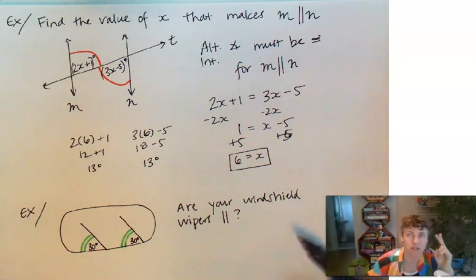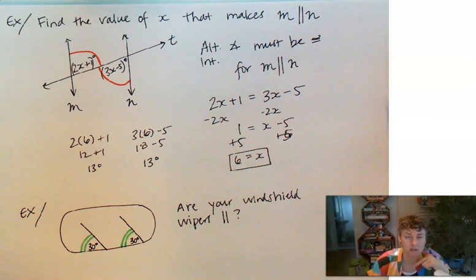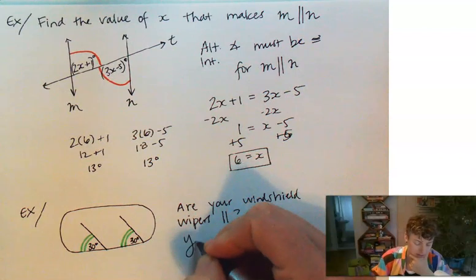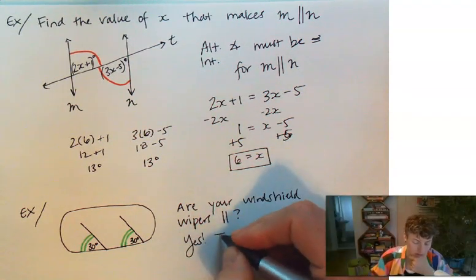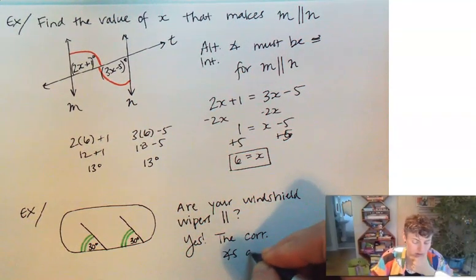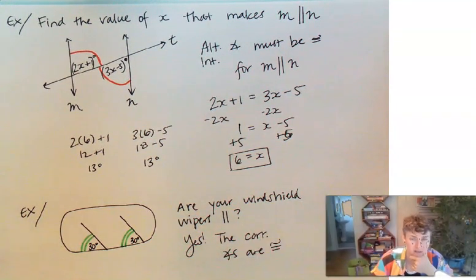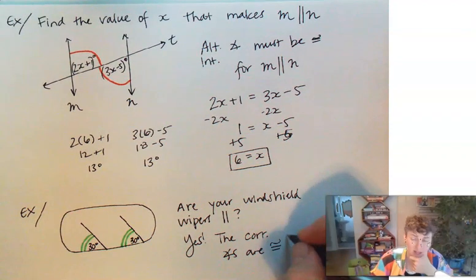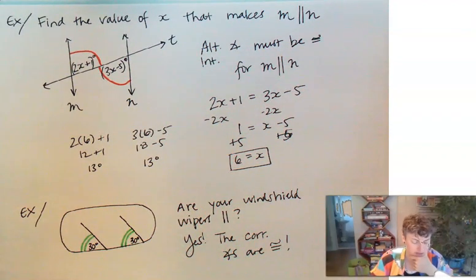And we know that if the corresponding angles are congruent, then the lines, in this case the wipers, are parallel. So yes, the corresponding angles are congruent. Que fabuloso. Très bien. You know, let's do another one.